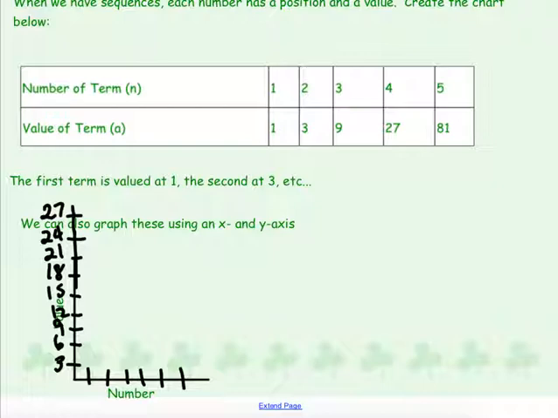So I can say, all right, my 1 goes to 1. It has a dot about there. 2 goes to 3. 3 goes to 9. You can already start seeing that this is not linear. 4 goes to 27. And then 5 would go all the way up here to 81. This is actually a curve that goes through our geometric sequence. This is actually exponential growth, by the way.